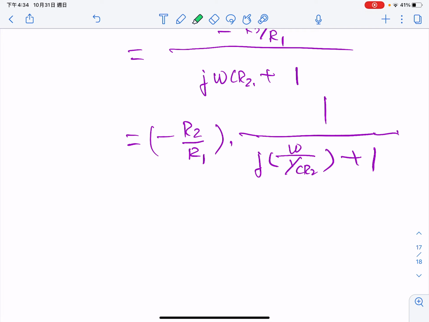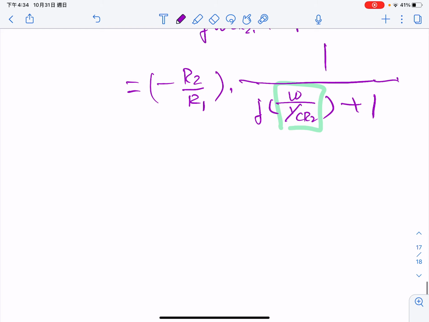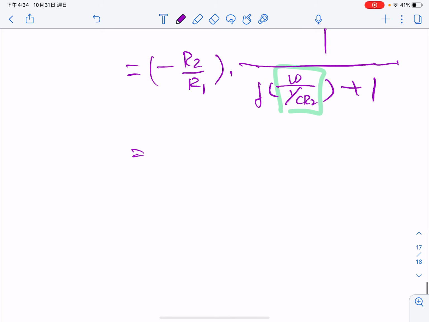So I can always replace this one by this one, sorry. This is a minus R2 over R1.